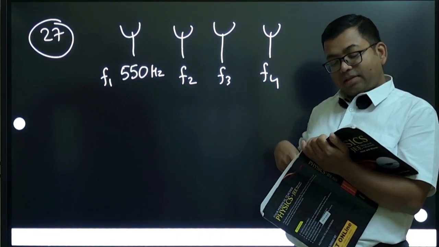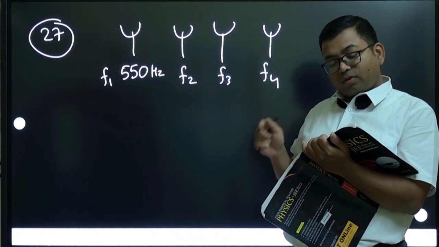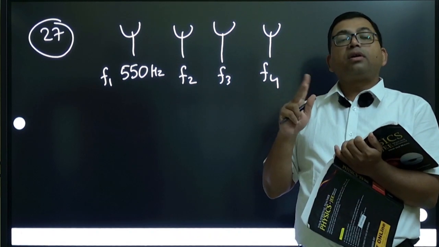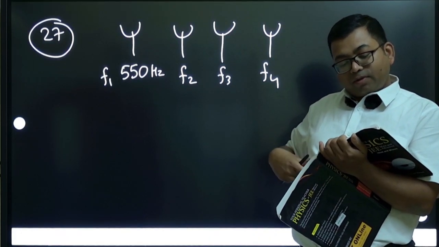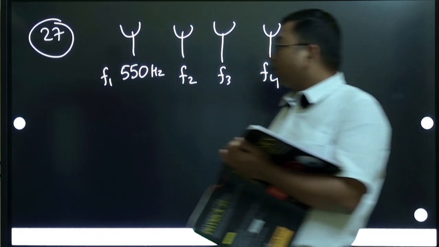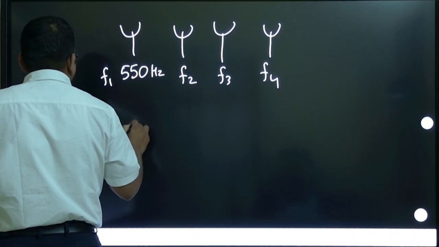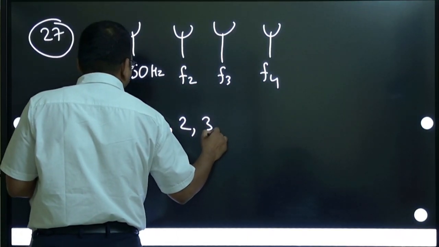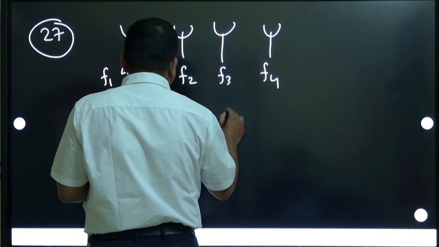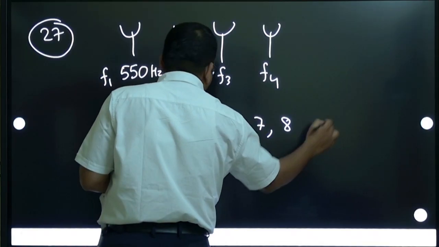And they are saying that the beat frequency is obtained by using any two tuning forks at a time. So you can choose any two and find the difference of frequency, that is the beat frequency. The beat frequencies given here are 1, 2, 3, 5, 7 and 8 hertz.